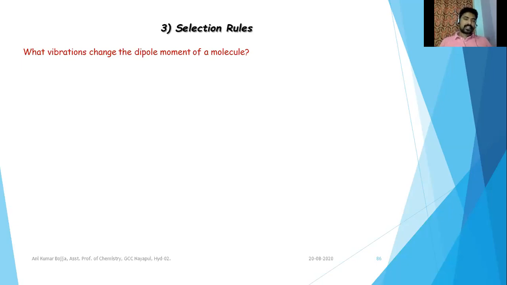We will discuss that. That discussion would be very interesting, and I would like to show you animated images of the different kinds of vibrations that are possible in molecules in infrared spectroscopy. Later we will discuss them.